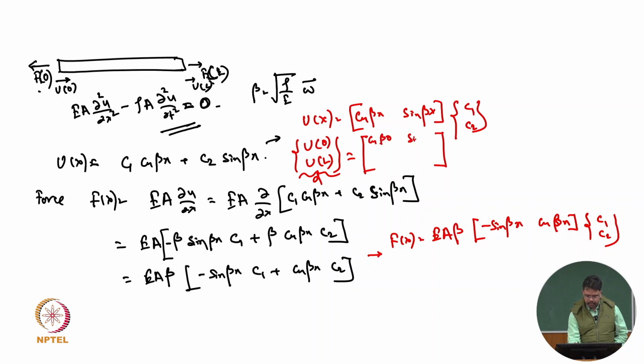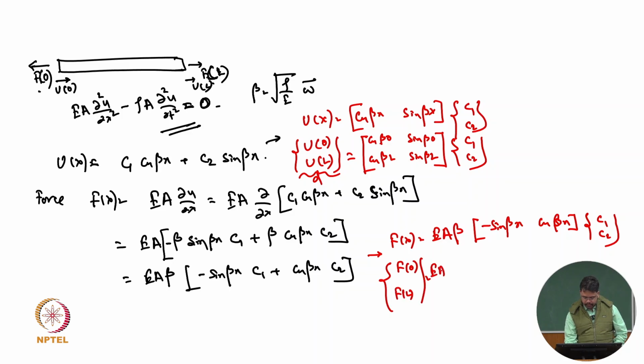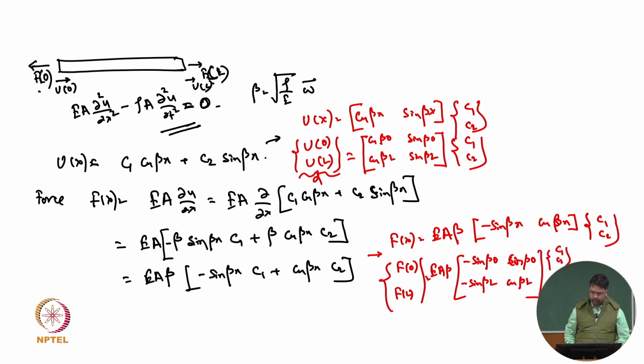Cos beta 0, sine beta 0, cos beta L, sine beta L with c1 c2. Agreed? Now see, very simple.